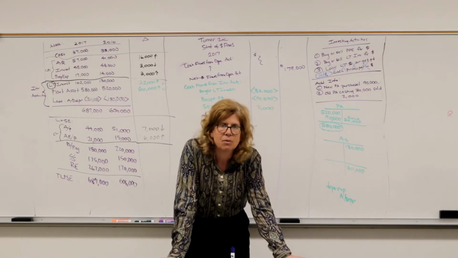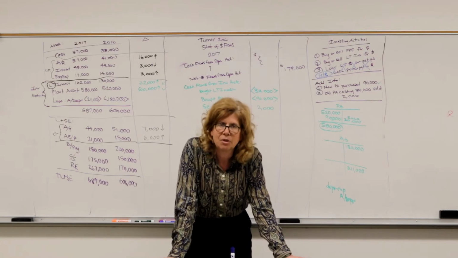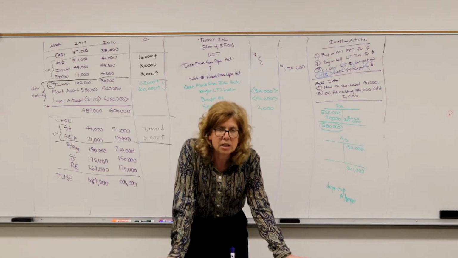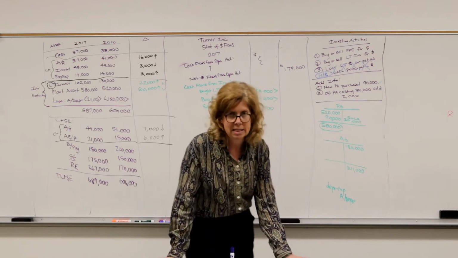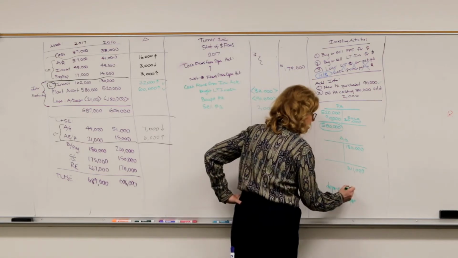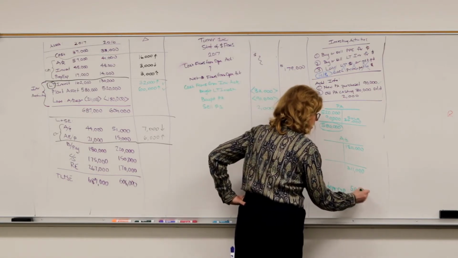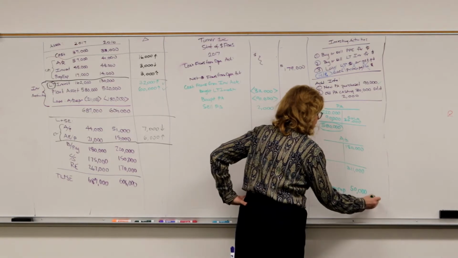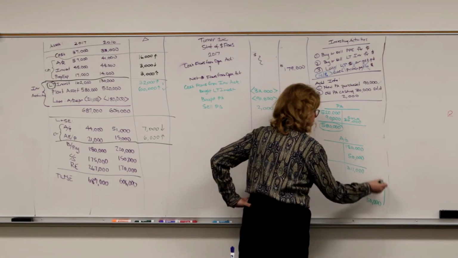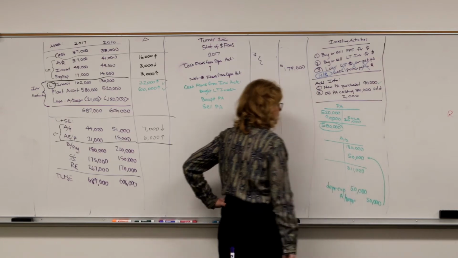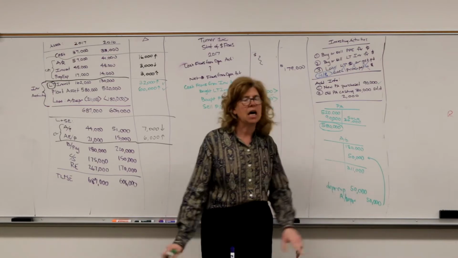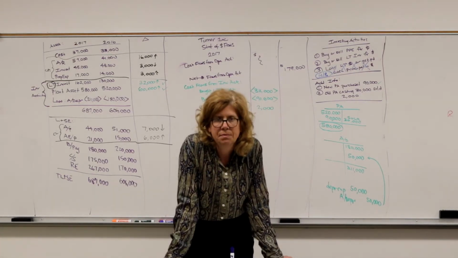And I beg to differ with you. If you go look at the income statement, the one that I don't have on the board anymore, but that I told you to remember, it clearly told us depreciation expense was $50,000. So at some point, this entry was made at year end for $50,000. And when I place that $50,000 in here, I know that 180 plus 50 does not equal 211.